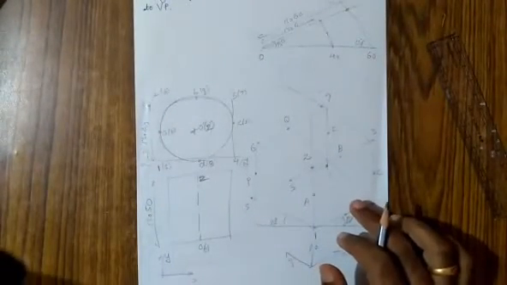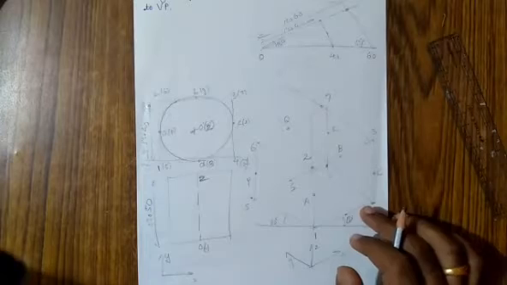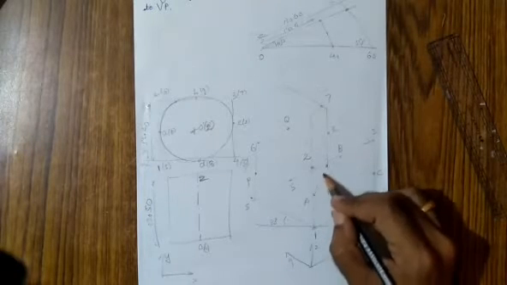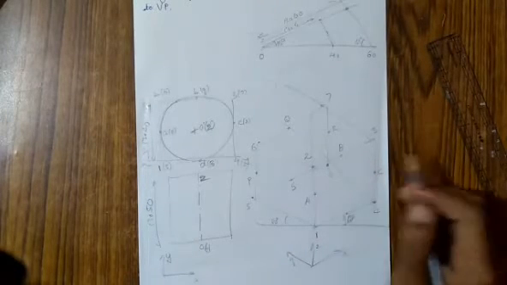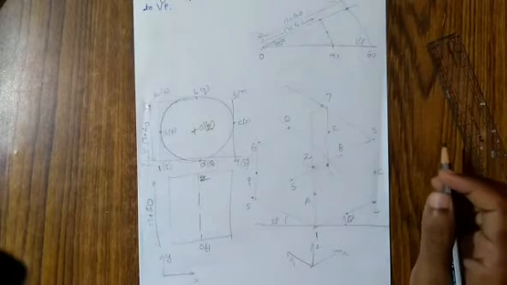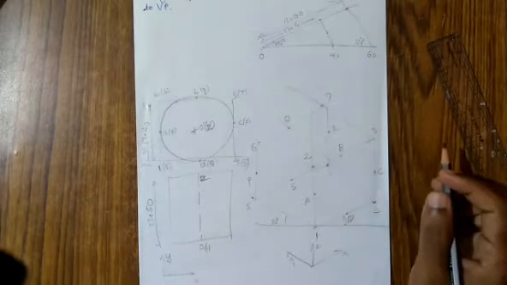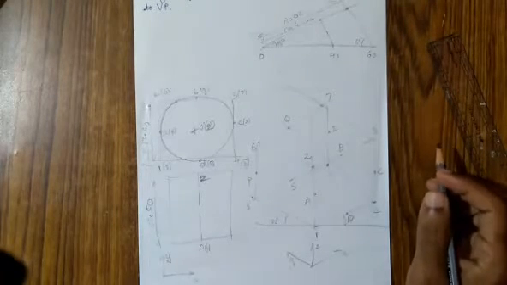This circle will be appearing as an ellipse in the isometric view. If you join the curve through ABCD, you can notice that it is going to be an ellipse. So how to draw this ellipse, or how to draw an isometric circle?